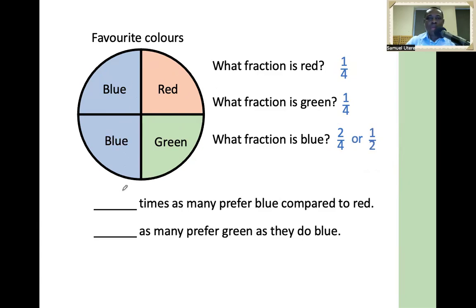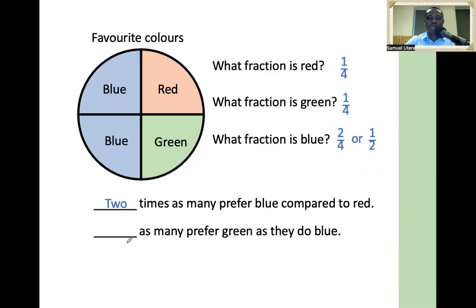The next thing we want to explore is how to write sentences from what we know about the parts of a pie chart. So here is this one: dash times as many prefer blue compared to red. Well, the word is 2 times as many. There are 2 times as many blue compared to red.